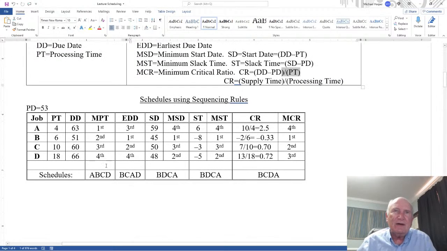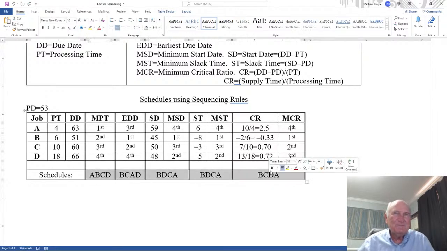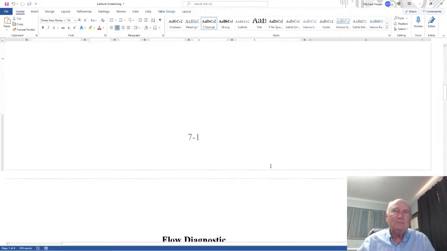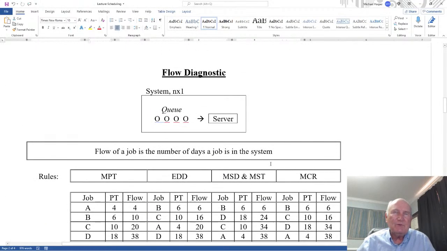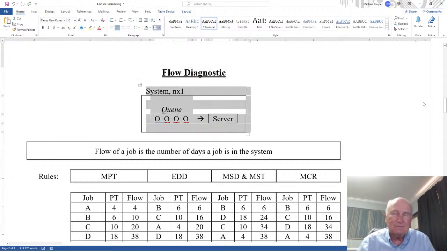So now we have 5 different sequencing rules, 4 different schedules. Okay, let's look at some diagnostics. There are a lot of diagnostics. A very common diagnostic is the flow diagnostic. The flow of a job is the amount of time a job spends in the queue and the server, in the entire system.